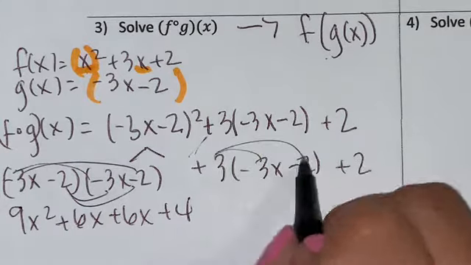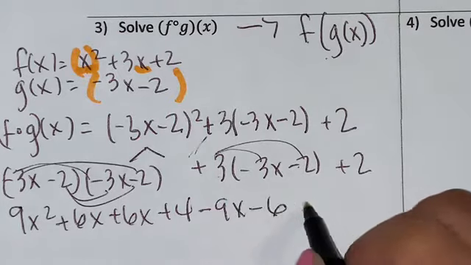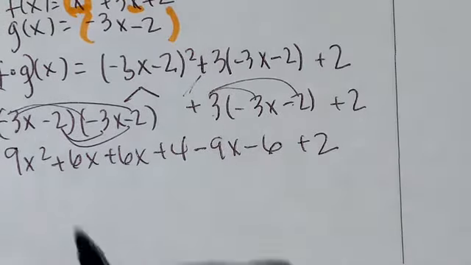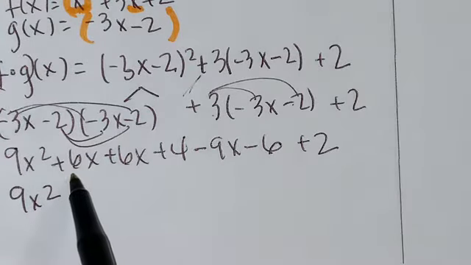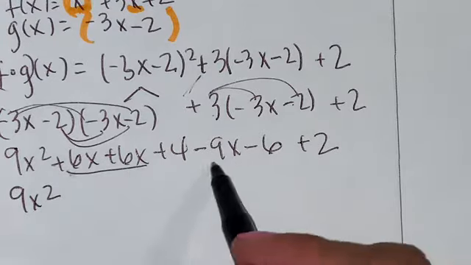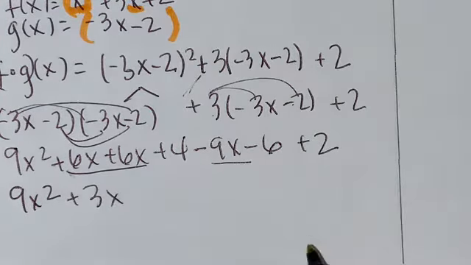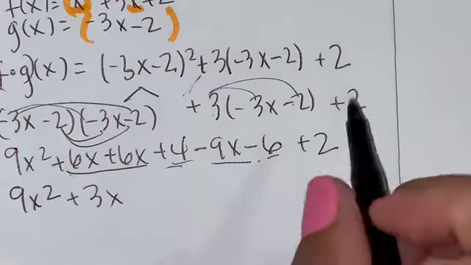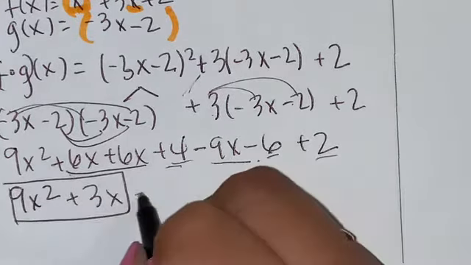And then I'm going to distribute right here. Minus 9x minus 6 plus 2. We're going to simplify. So I have 9x squared. 12x minus 9x is going to be plus 3x. Then I have 4 minus 6, that's negative 2, plus 2. This is my solution.